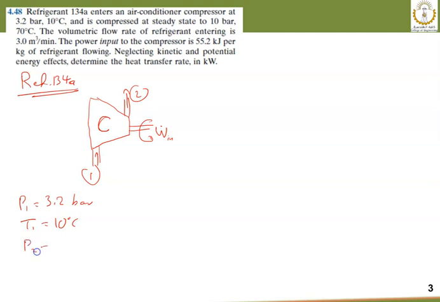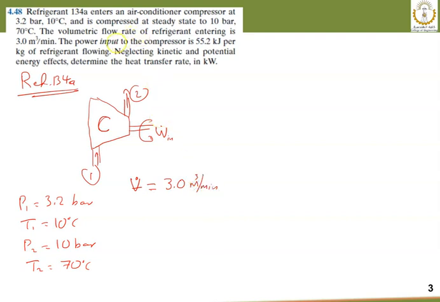Then P2 equals 10 bar, and T2 equals 70 degrees centigrade. We have the volumetric flow rate, V dot, equals 3.0 cubic meter per minute.